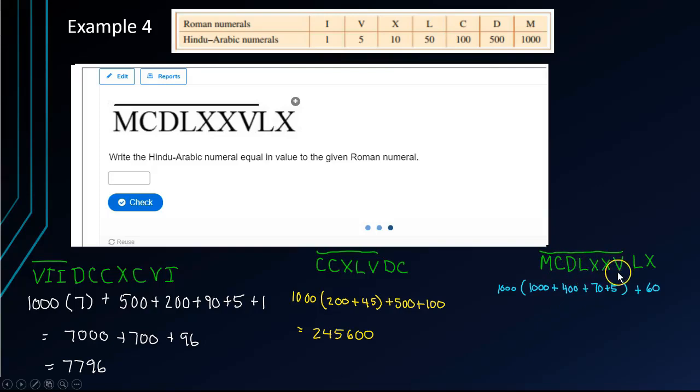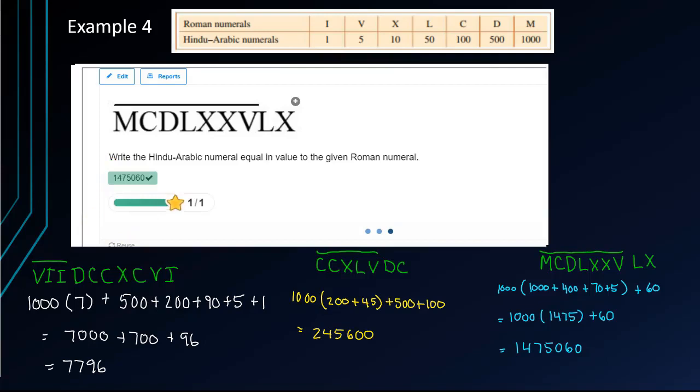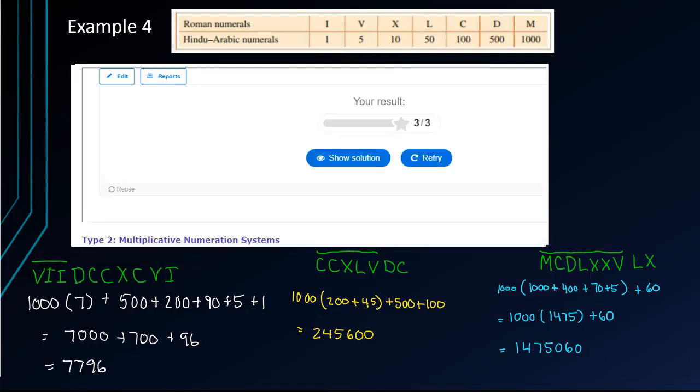The LXX and the V is 5. All that's going to be multiplied by 1,000 because it's underneath the bar. And of course, L and then X is 60. So I have 1,000 times 1,475 plus 60, which adds up to be 1,475,060. And there we go, 100% on this one.